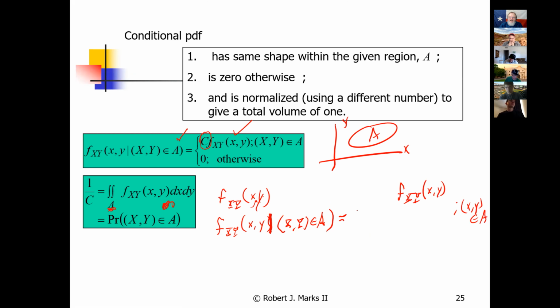And then we have to scale it in some fashion so that this has a total volume of 1. And we scale it by integrating over the area of A.